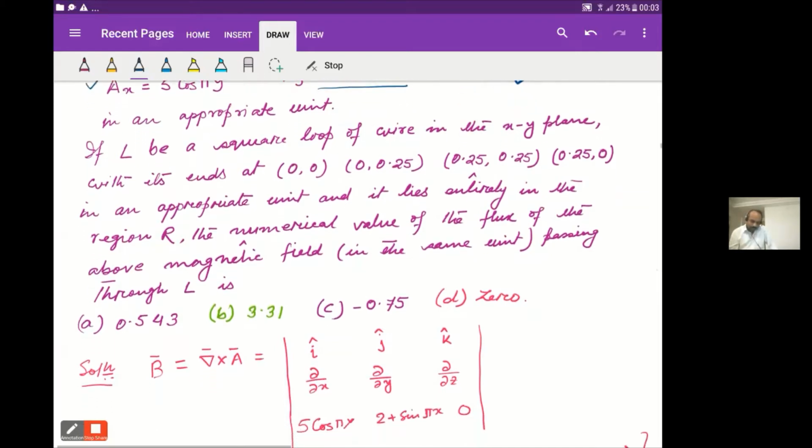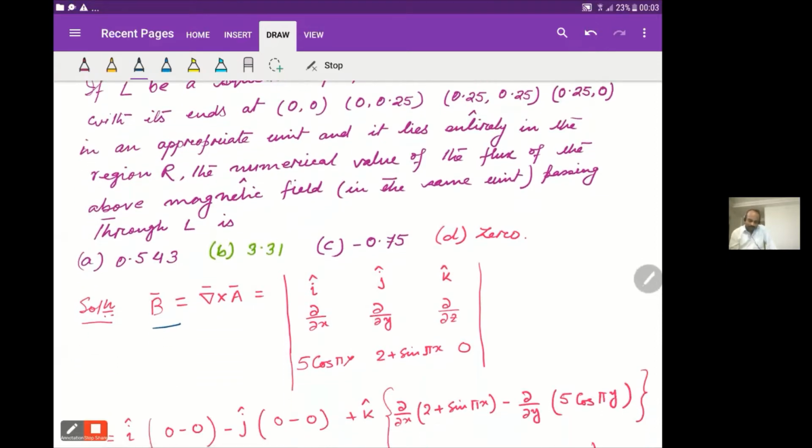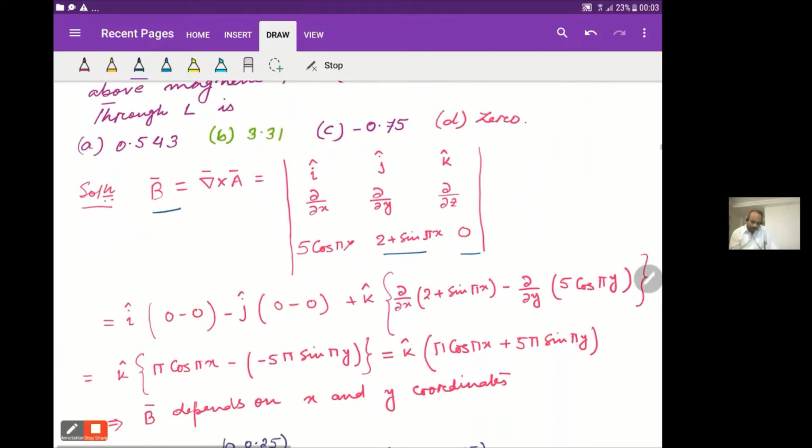So again, to find the magnetic field B, we can use the relation B equal to curl A, which is equal to i j k, del x del y del z. Then the components of A are 5 cos pi y, 2 plus sine pi x, and 0 as given in the problem.